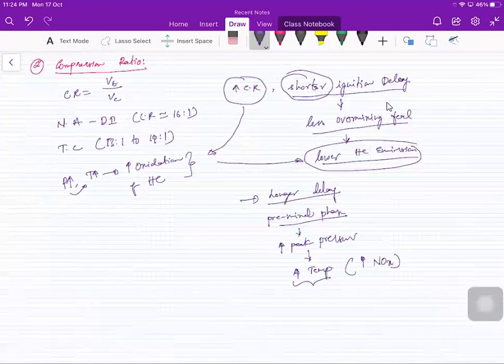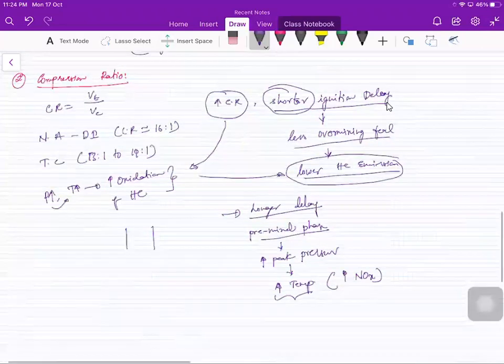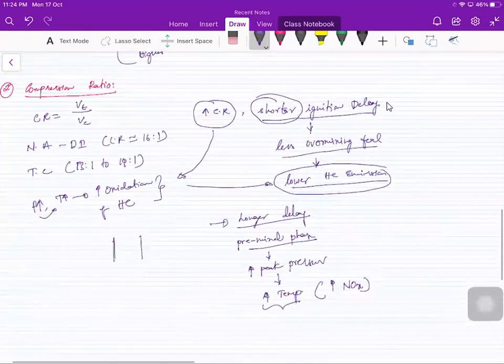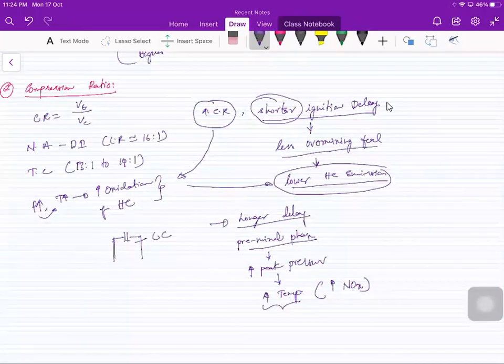So for example, consider this as an IC engine, this is your combustion chamber. If you increase the delay period too long, the combustion happens only in the expansion stroke. When the combustion happens in the expansion stroke, what happens?